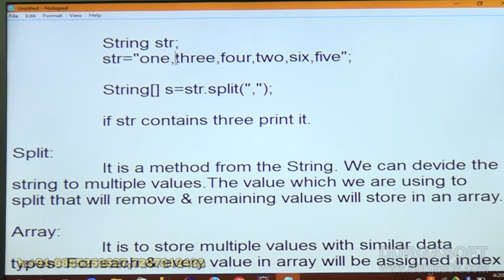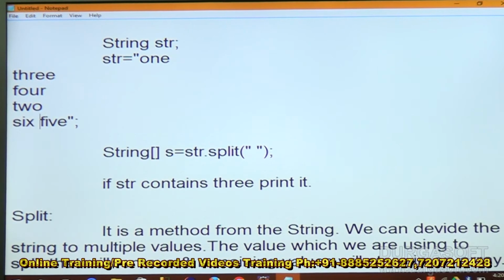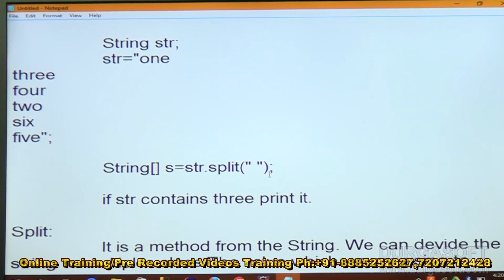Suppose my values have one space, no comma. Then what is the expression here? Simple, by using the space. Suppose my values are available line by line. How to split it? Our regular expression is \n, new line or next line.